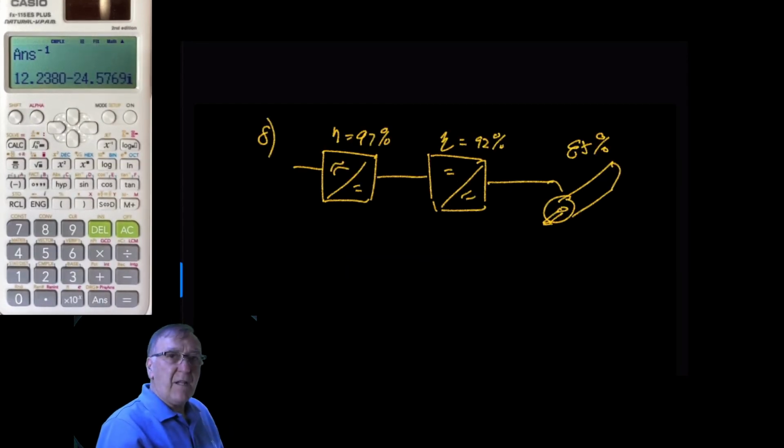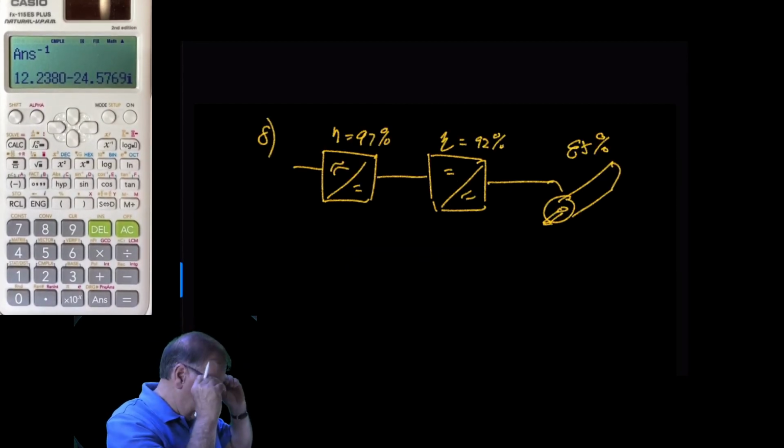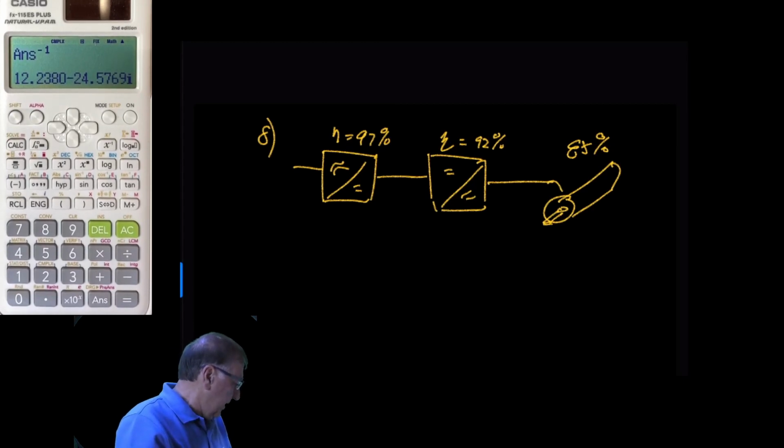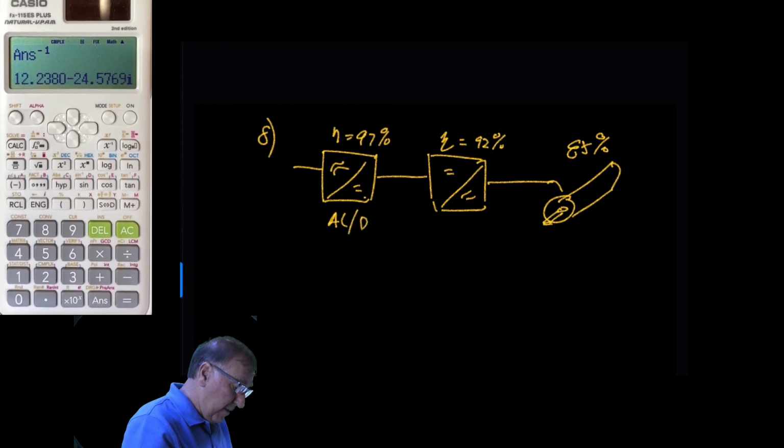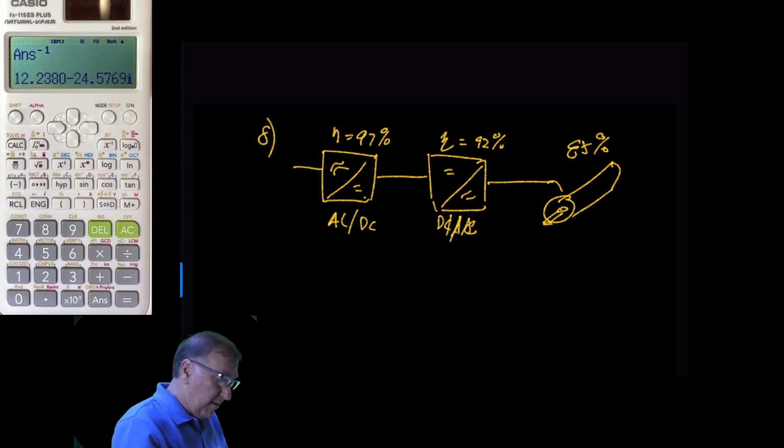And finally, for the last problem, this is an efficiency problem. Basically, you're given some efficiencies here. We have an AC to DC converter, and then we have a DC to AC converter, ultimately running a motor. And really what you do is you multiply these efficiencies across.